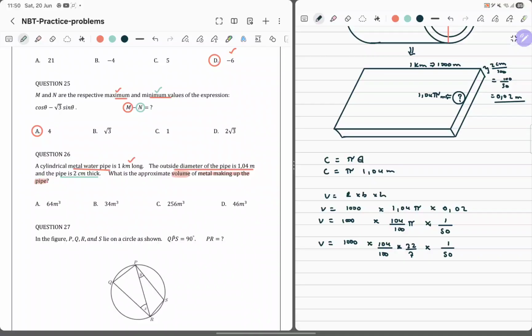We have a problem. Our problem is that 22 goes 11 times 2 there, and 2 here. 2 here goes 50 times. Okay, it's just going to be some nasty simplification.